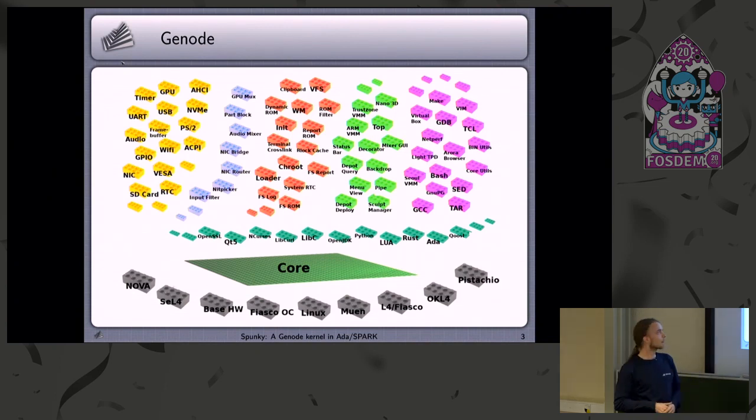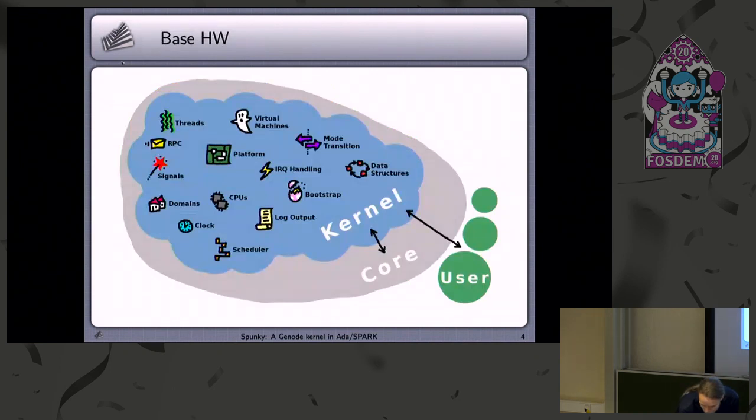And I wanted to start here with the base-hw kernel because it's an in-house kernel. I know a lot about its internals, and it's very easy to modify. The base-hw kernel is not really a self-standing kernel.